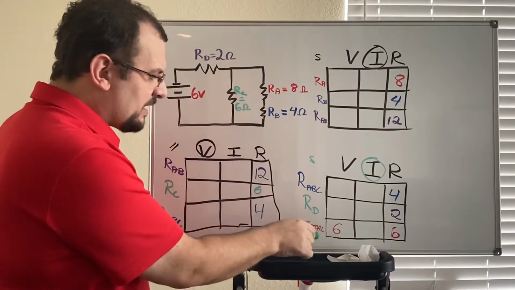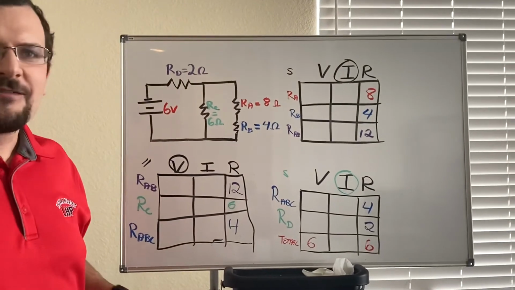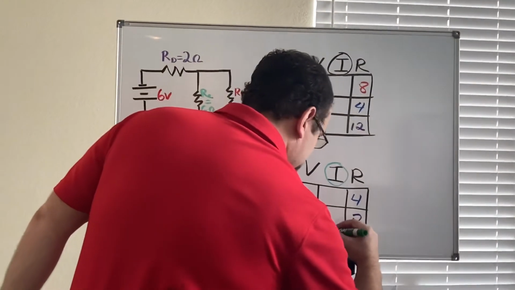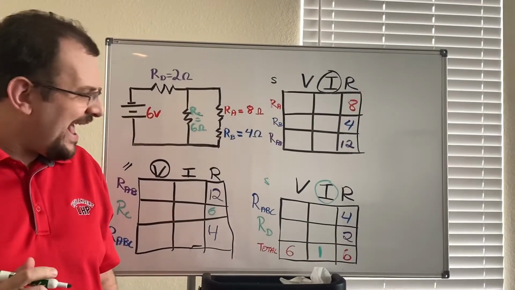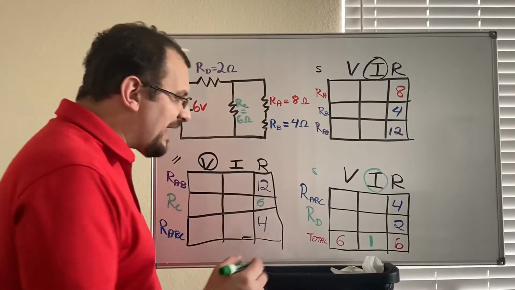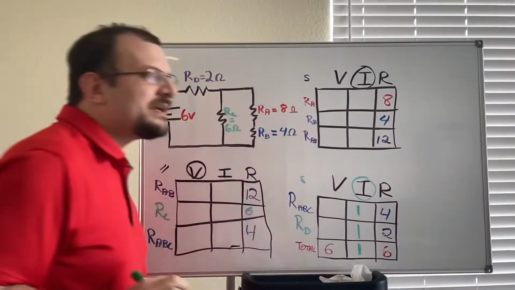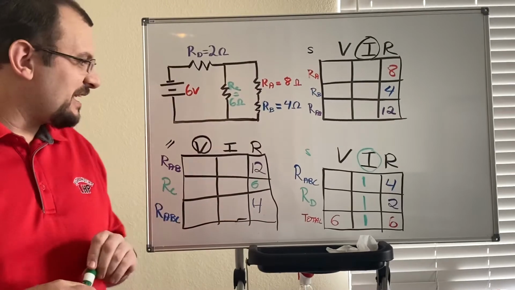So, using Ohm's law, I can find that the current is going to be 1 amp. And now that I know that that's 1 amp, I have this circled, so I can just go ahead and fill in 1 amp and 1 amp because I did the work ahead of time in circling and making life simpler.